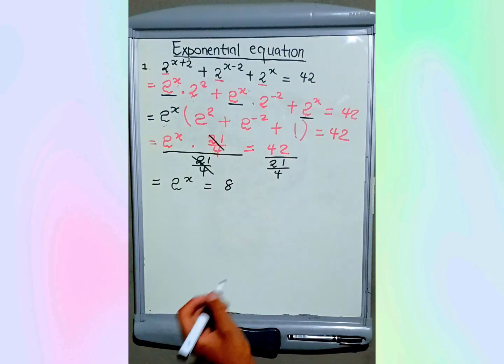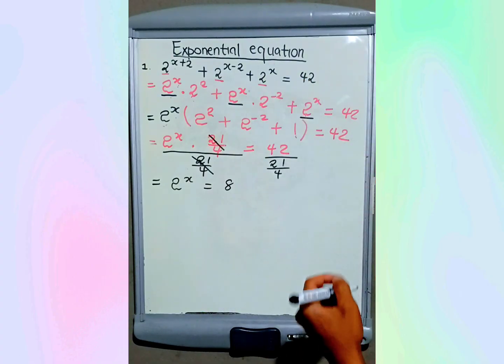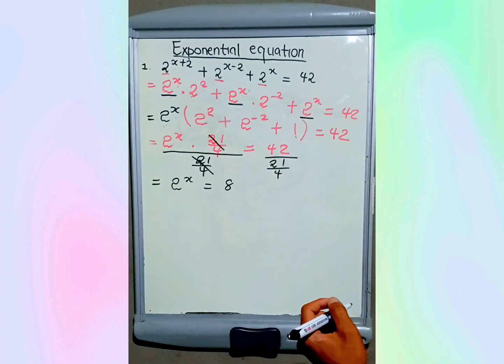Very simple. Therefore, the rule of solving the equation under the exponent says that we make sure that the bases must be the same. So that you're just going to drop the bases and take the exponent. Okay?